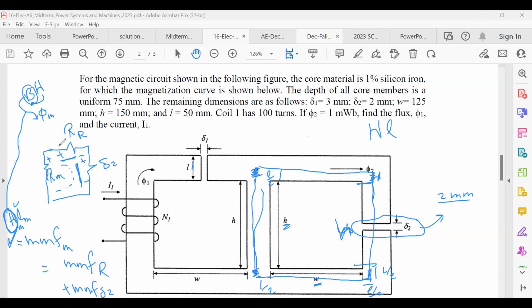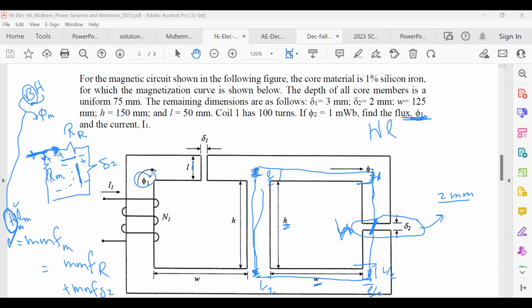Why do you need the flux? Because I have this flux already given, right? This flux is the one for the air gap. So I will add the one from the middle, then it will be the total, like doing KCL here, which is the first requirement.